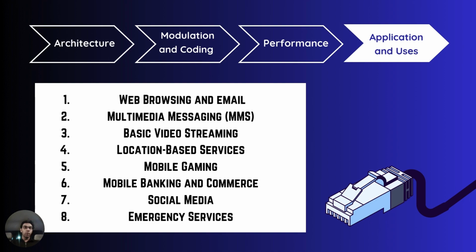Cellular network mobile gaming, usually online and multiplayer, was introduced, and also mobile banking and commerce, which was a huge step for e-commerce as well, and social media, and emergency services like SOS, and a lot of things with that as well.